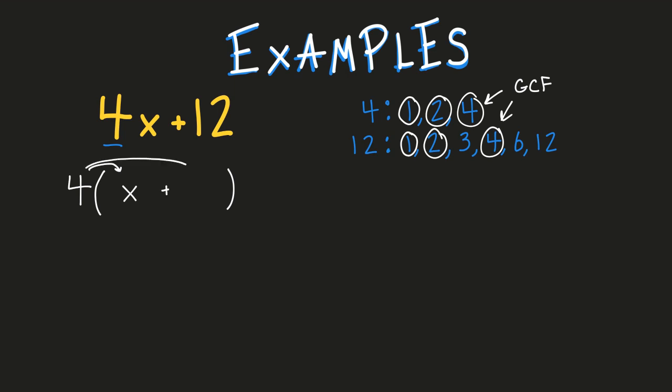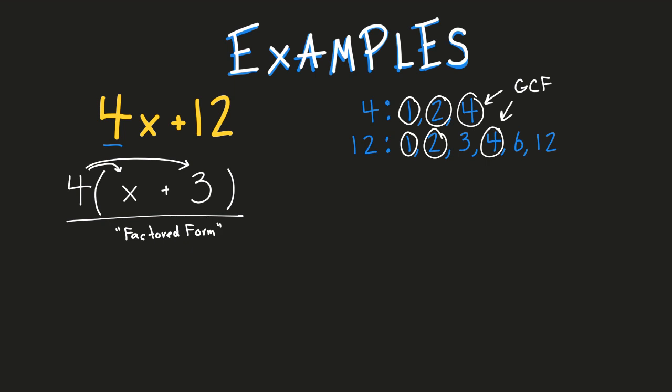What was here before? 4 was distributed in to some number, and it became 12. Well, that seems like 3 to me. 4 times 3 would have gotten us our 12. So right there, that is our factored form. Very important term to put away in your brain. That's what we call our factored form.